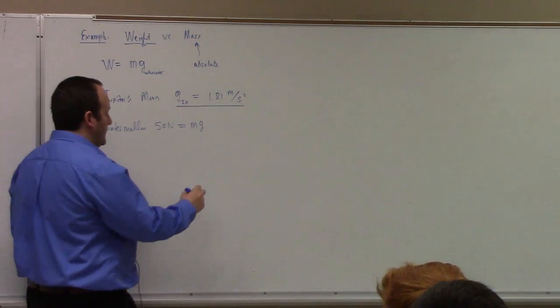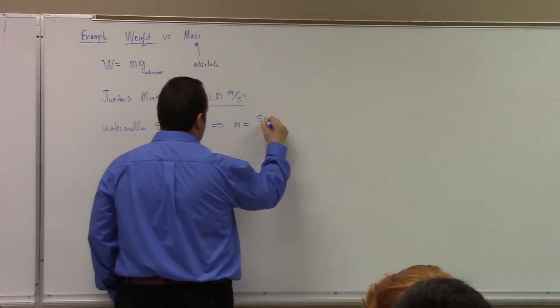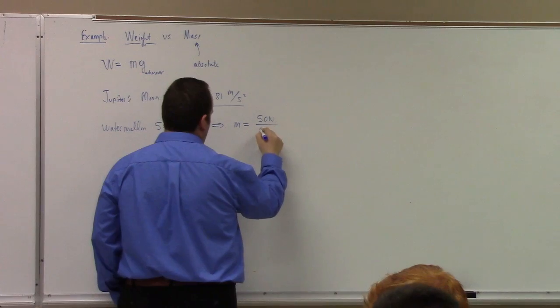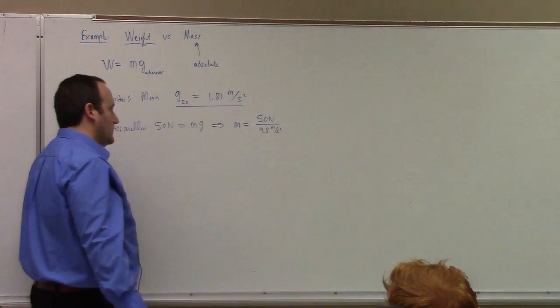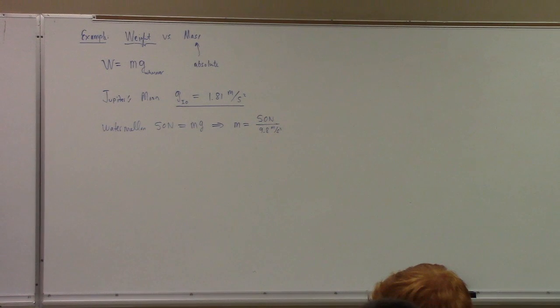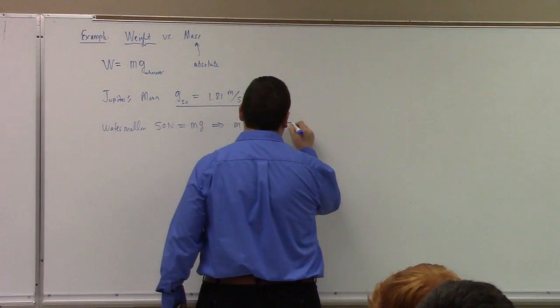So what's this say about m? 50 newtons divided by 9.8 meters per second squared. What is that? Let me care about units here for a second.